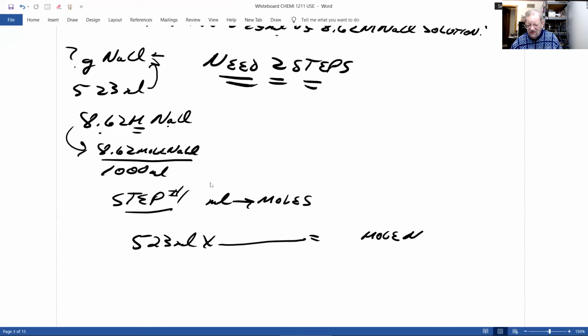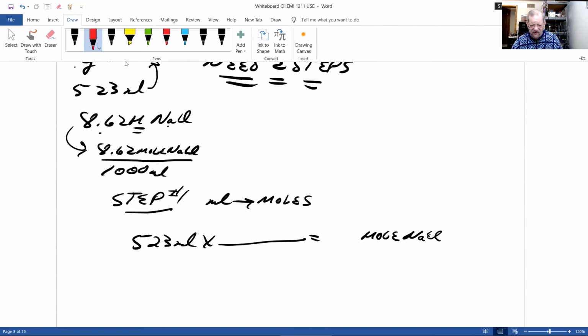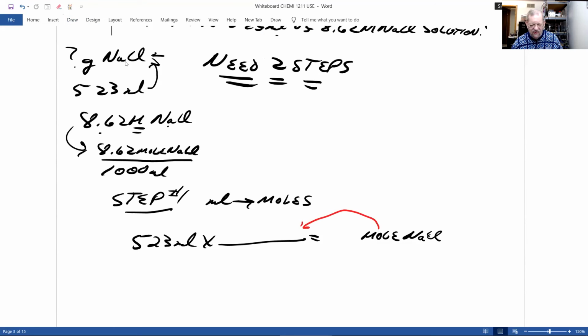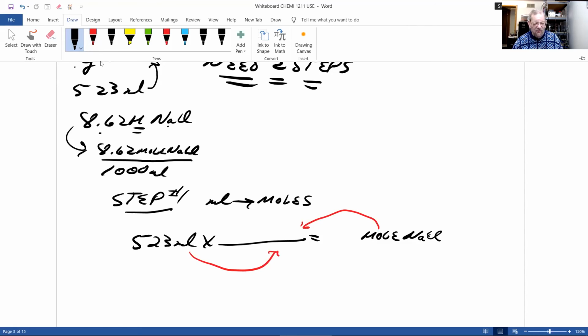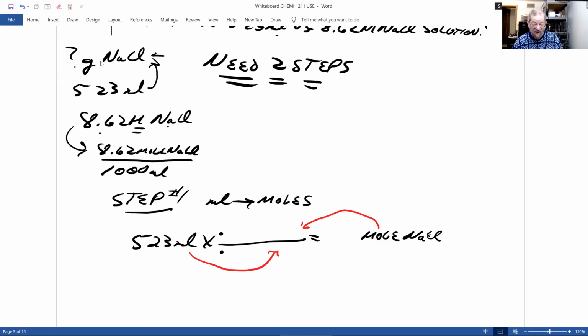So let's do that. And now you use your good buddy, your good friend, unit analysis. Whatever you're trying to get to goes on top of the ratio. Whatever you're trying to get rid of goes underneath. And where do you get those numbers that go here and here? Well, first of all, I'm going to do something that I should do and write in those units.